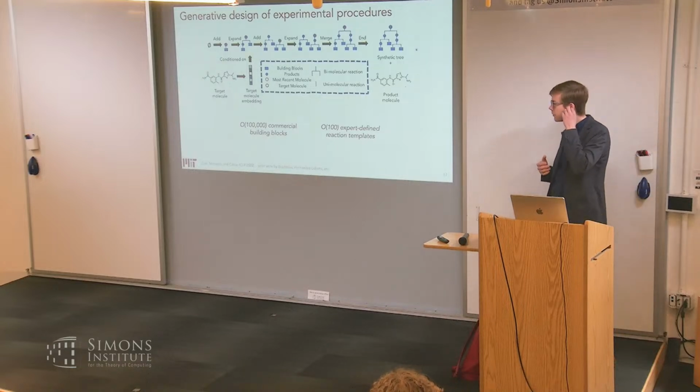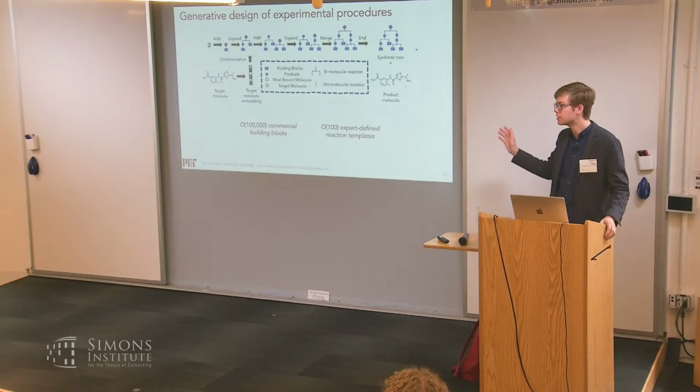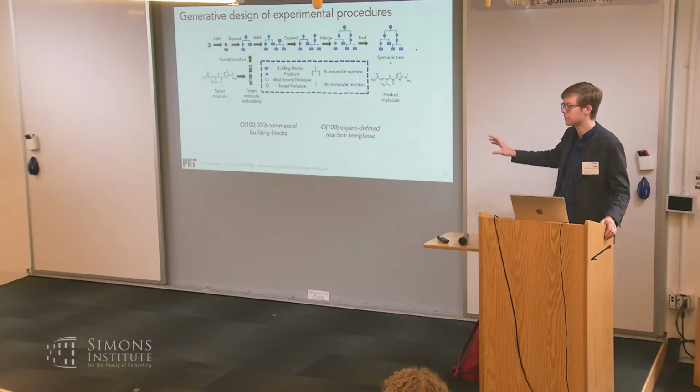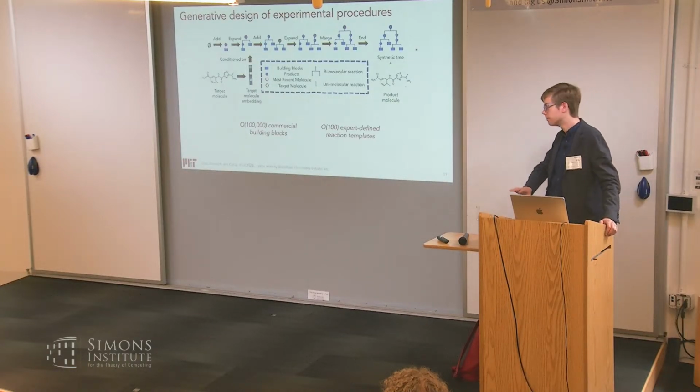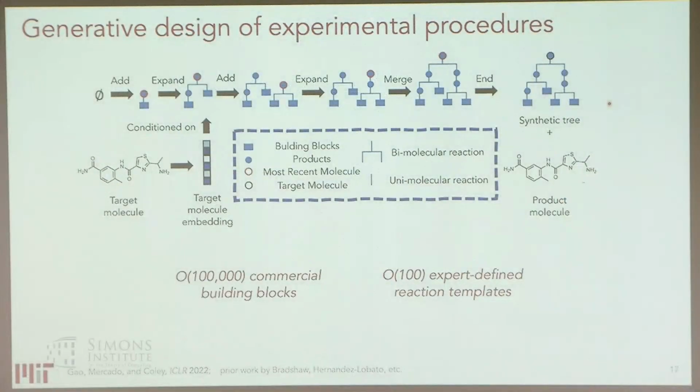So there are different ways of trying to define what the space of feasible reactions is, and this is where what we're doing here is basically a generative version of Enamine's REAL space. We equip some policy with access to a large number of commercially available building blocks, as well as expert-defined templates, which say, okay, here's the way that you can bring these together. These functional groups will form carbon-carbon bonds, and as long as you don't have this other motif over here, you're okay.